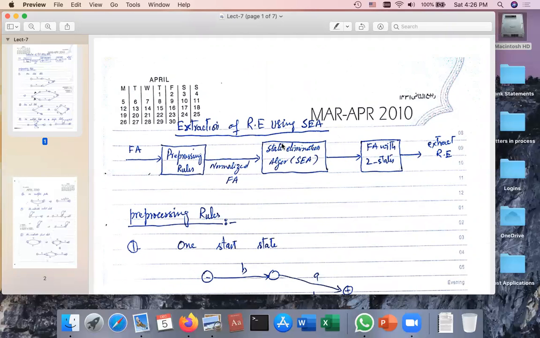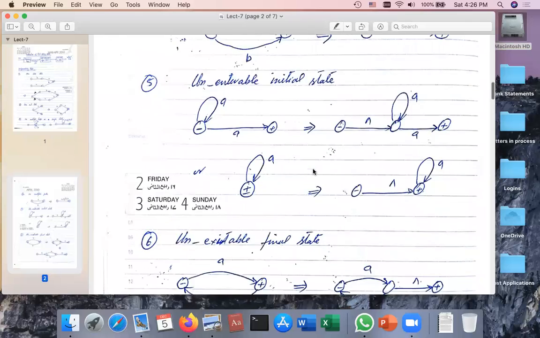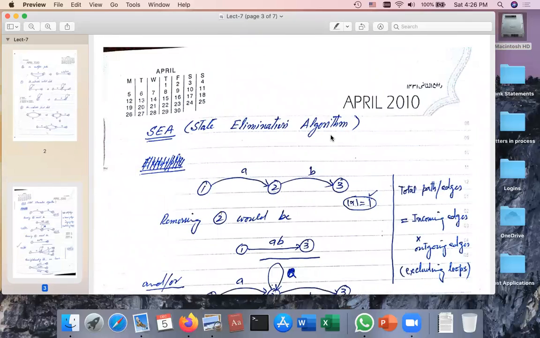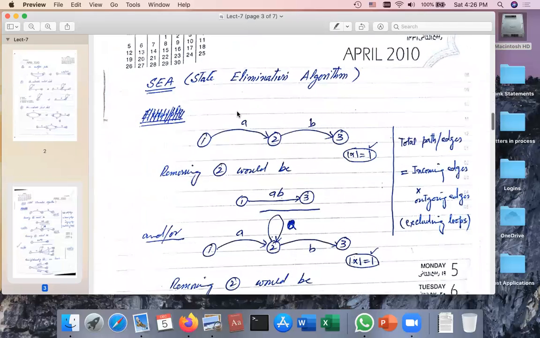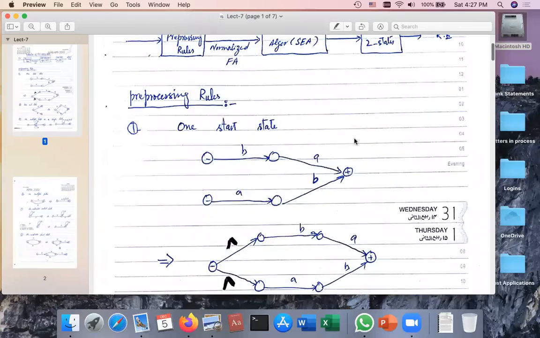And now the next step is the state elimination algorithm that we will see now. So state elimination algorithm, what is this one? So let's see. If we have this FA represented with states 1, 2, and 3, I didn't mention initial and final states explicitly because these are the things that we already have done in these processing rules.